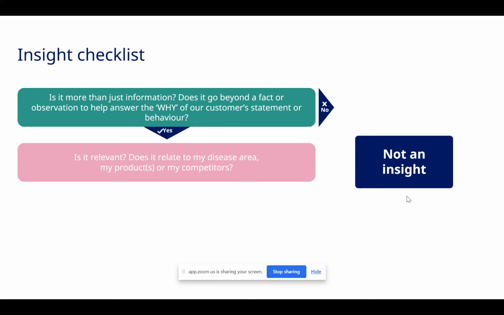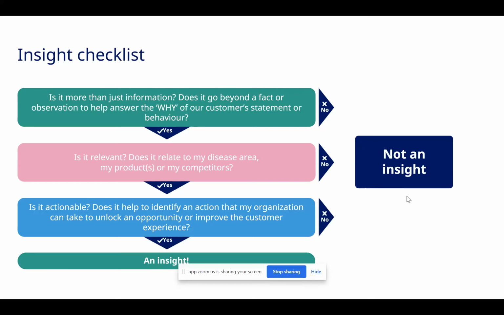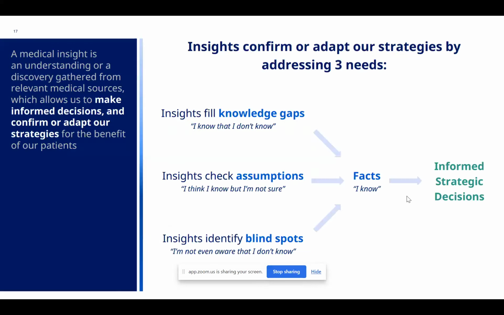Does it relate to my disease area, my products, my competitors? If it's a no, it's not an insight. If it's a yes, is this an actionable item? Does it help to identify an action that my team can take to unlock an opportunity? That's how you need to think, especially when trying to get detailed, actionable information from your stakeholders.